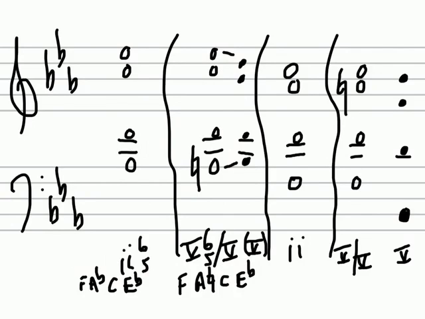So we don't call that one a major 2 chord, we call it a 5 of 5, meaning that the dominant here has its own dominant to serve it temporarily.